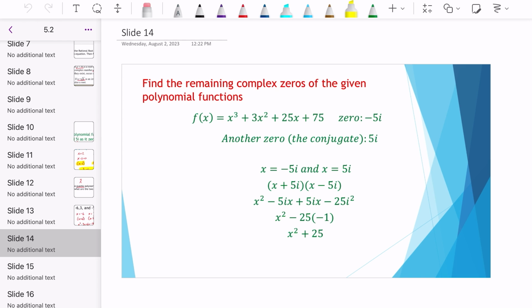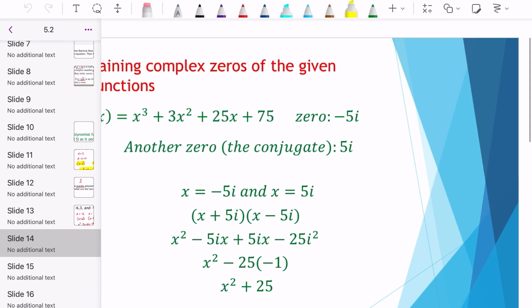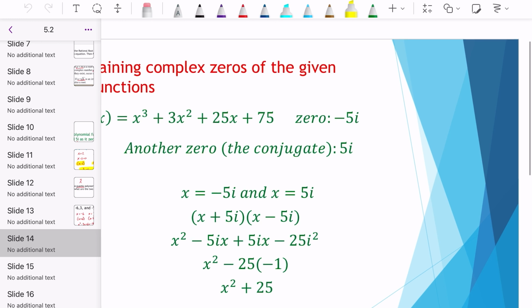It is giving us a 0, which would be negative 5i. If that is initially given, keep in mind there is another 0 of a positive 5i. We have 2 of our answers, and that's going to be 5i and negative 5i.